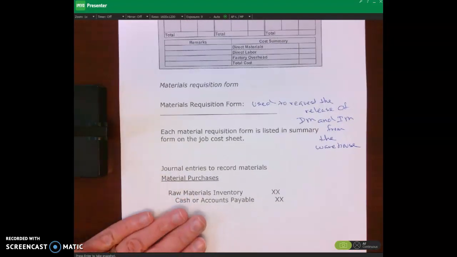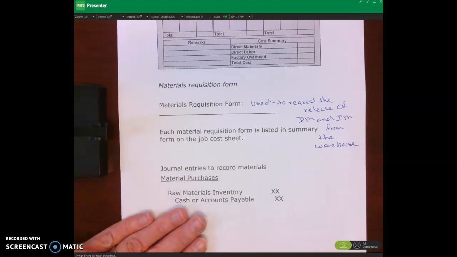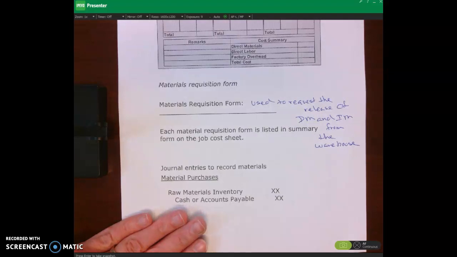All right? So basically we get a sales order, and then we want to start to work on the sales. We want to turn that into a job, and so we start working on it. And we have to call the warehouse and say, we need 5 boxes of screws and some plywood and some 2x4s to make whatever we're making here.